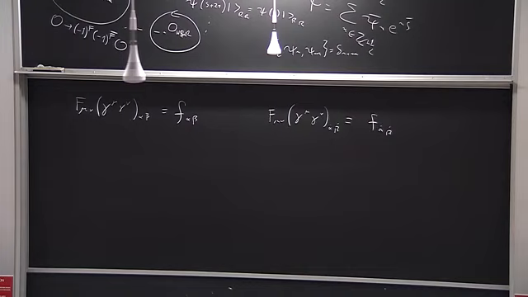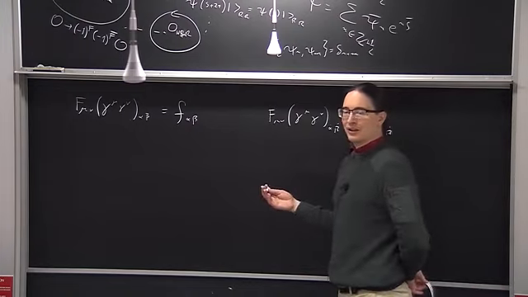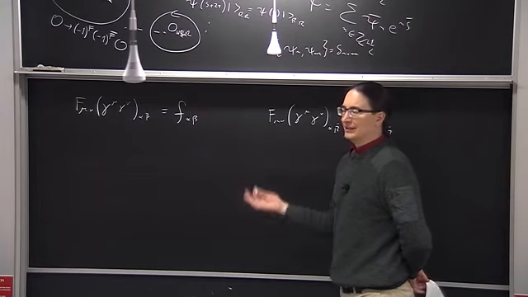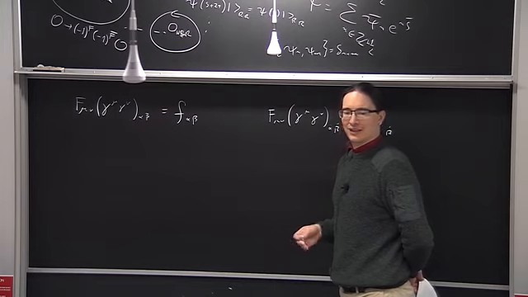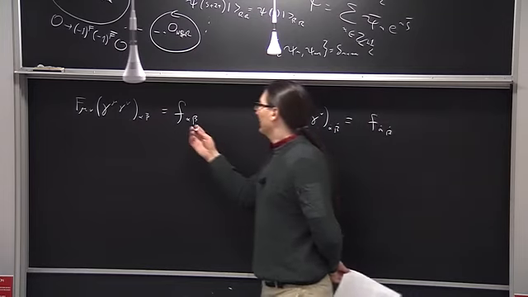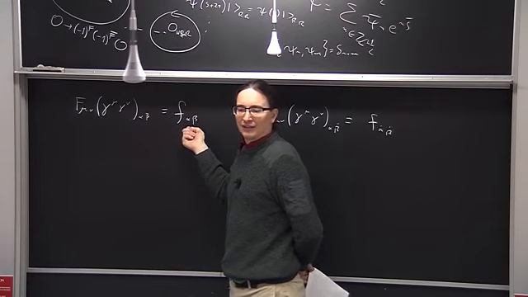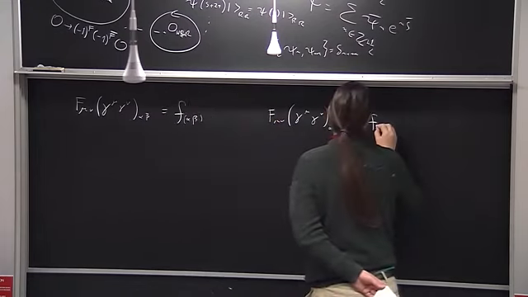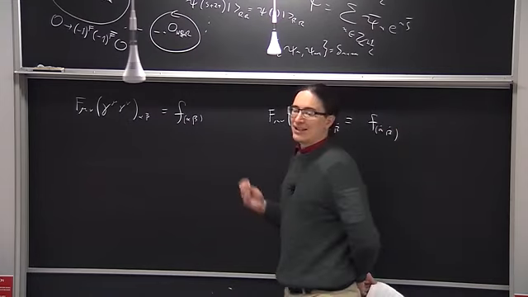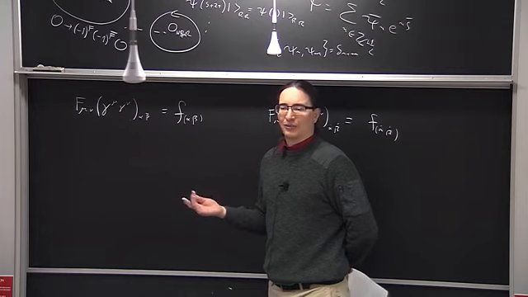Now what I want to say is that the field strength, if you look at it as a representation of the Lorentz group, splits into two. There is the self-dual part and the anti-self-dual part of the field strength. One can be thought of as carrying two spinor indices, symmetrized actually, and the other two anti-symmetrized spinor indices. Let's just count. The field strength has 6 components. Each half has 3 components.